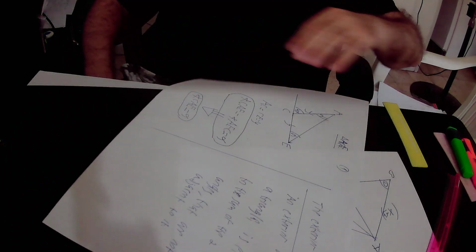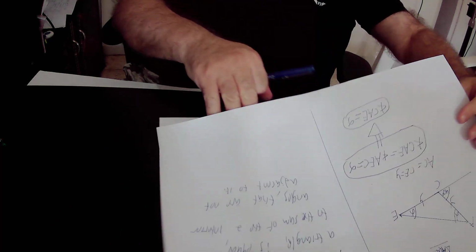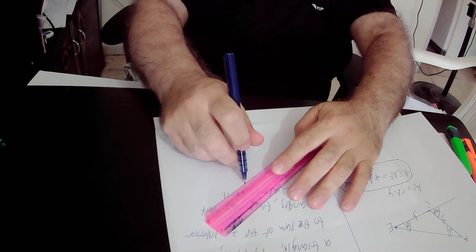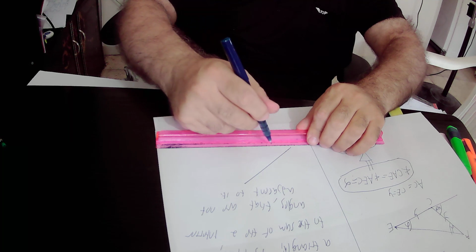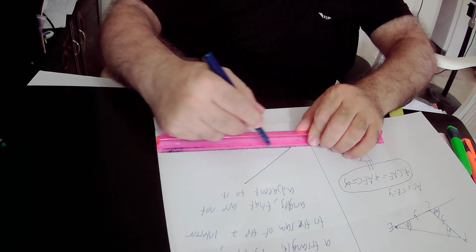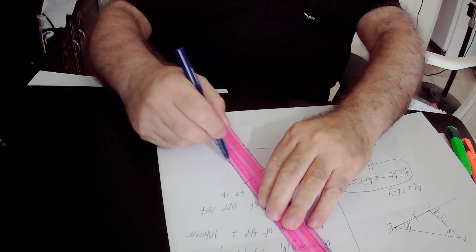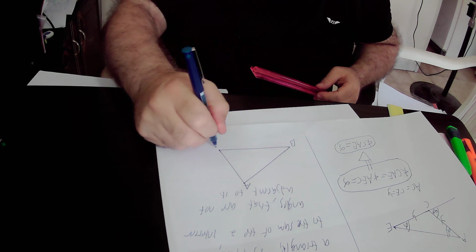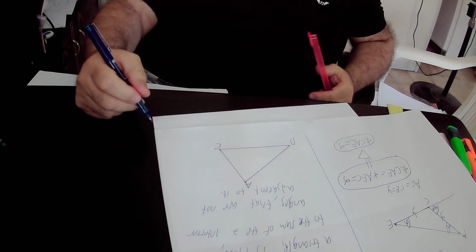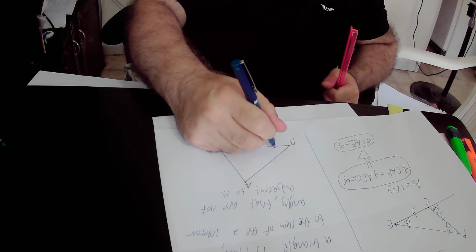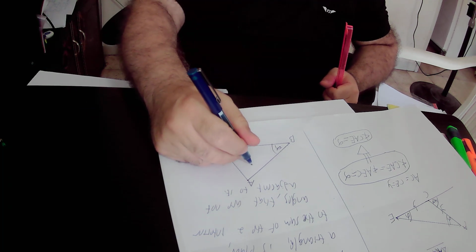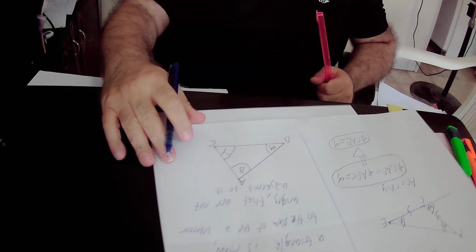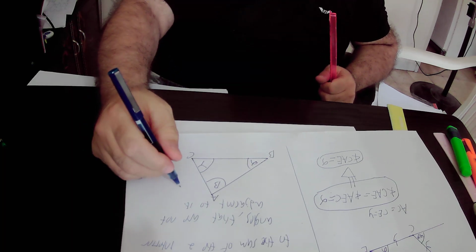So here I'll explain what I mean. If we have triangle ABC, that could be any triangle, angles alpha, beta, and gamma are defined as interior angles of triangle ABC.